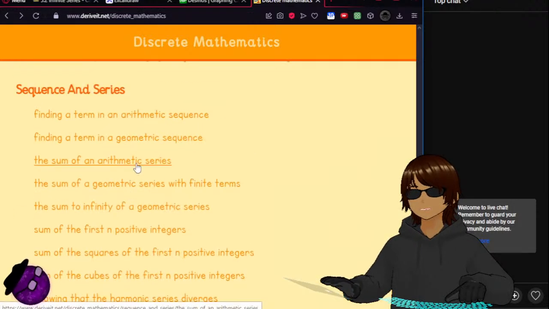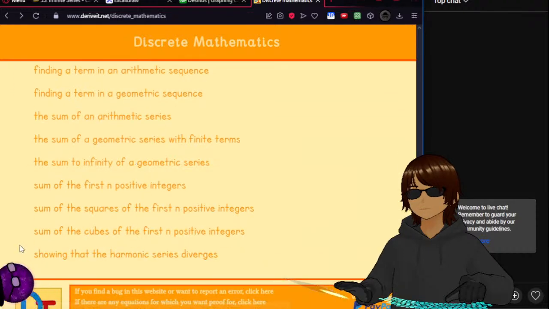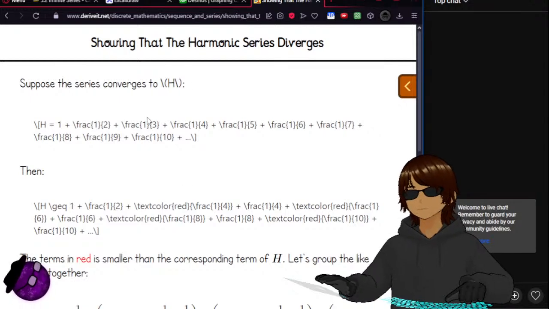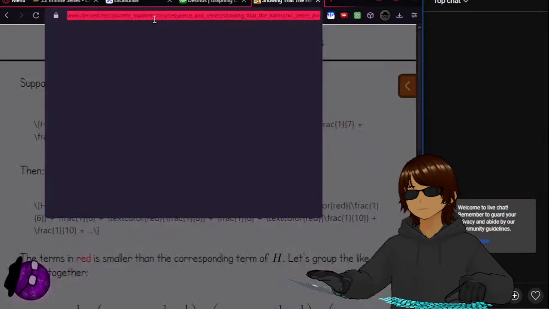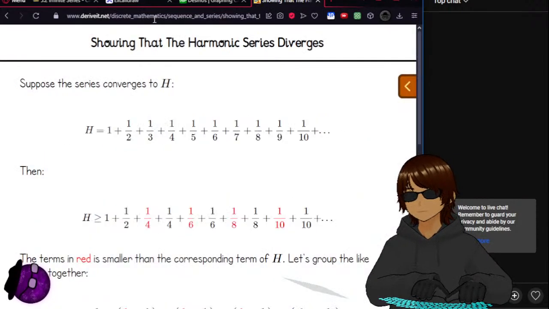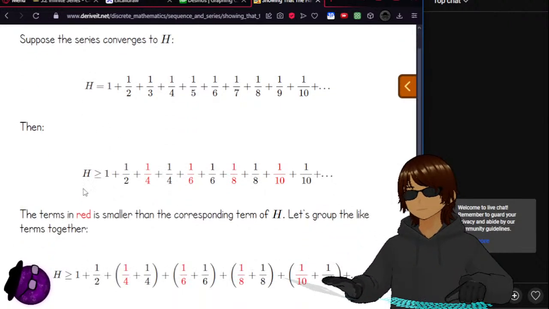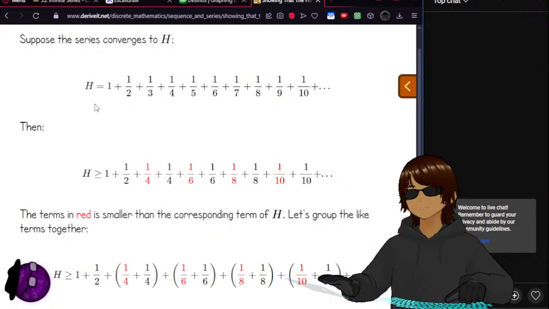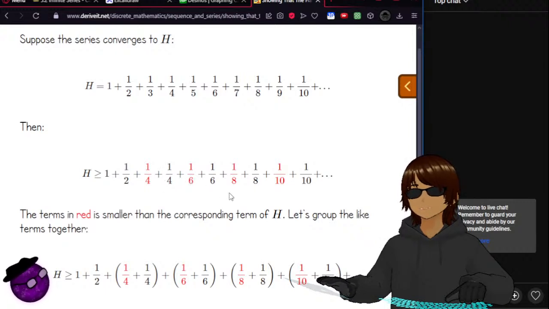The harmonic series. The terms in red are smaller than the corresponding terms of h. So h is 1 plus half plus 1/3, and the corresponding terms are changed to 1/4, 1/6, 1/8, and so on.